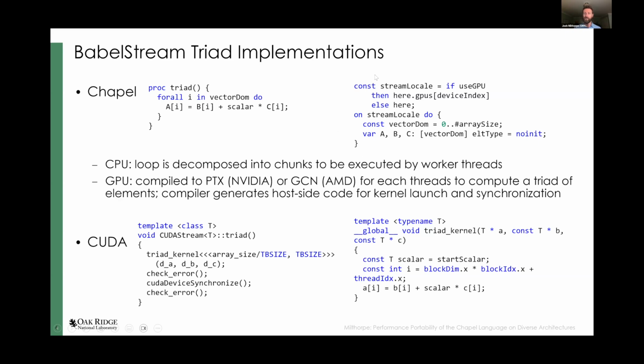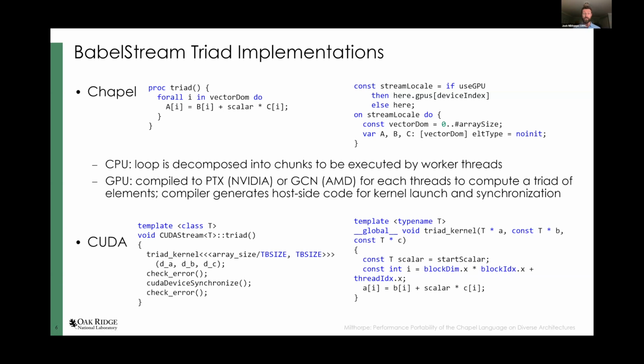And I've also shown you here how we allocate the memory in a way that's portable across both CPUs and GPUs. We choose a stream locale at the beginning of the program, and we allocate our vectors on that stream locale. So for the CPU code, when you compile this for a CPU, it's going to be decomposed into chunks and spread across worker threads on the CPU.